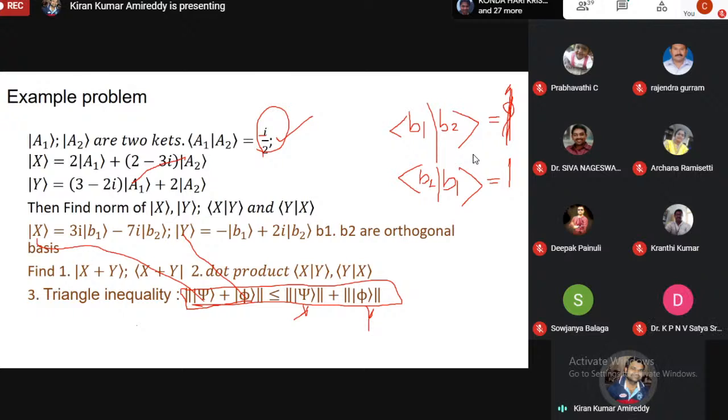Minus 1 plus 3i b1 plus minus 6i b2. So minus 5i b2. So this is minus 7i, this is plus 2i. When you add this b2 bases, both are imaginary, there is no real part. So 2i minus 7i, that is minus 5i, minus 5i b2. But here this is minus 1 plus 3i b1. So that is simple. If you take the mod of that one, you can represent it as some a b c or something.